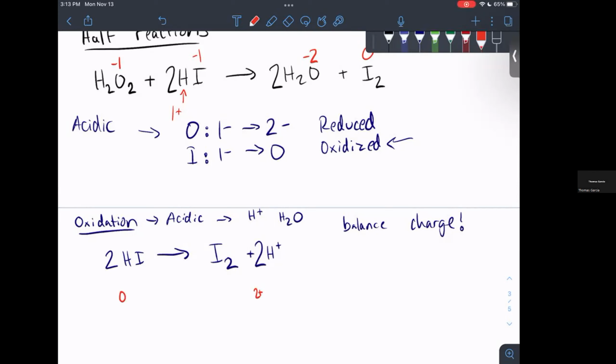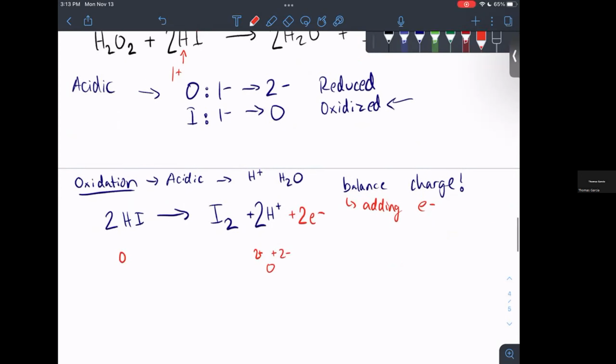So I need to neutralize this. So not only do I balance charge, but I do that by adding electrons. And I can add electrons because redox is just the movement of electrons. And so those electrons definitely came from somewhere. And if we have a positive charge on the right side, something had to happen where we somehow got electrons away from those things. So we have to kind of add them right back. So we're going to add 2 electrons to the right side. And now we have 2 plus 2 minus, and our total charge is 0. Our oxidation half reaction is balanced.